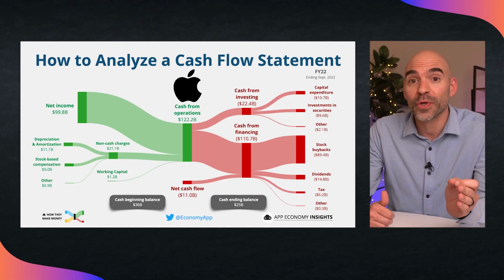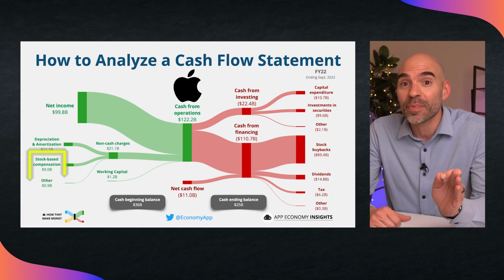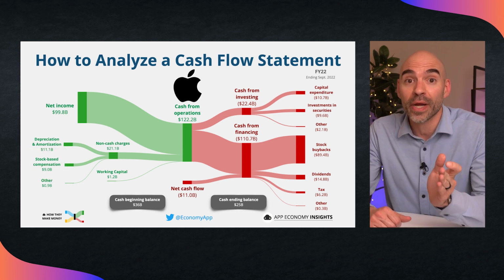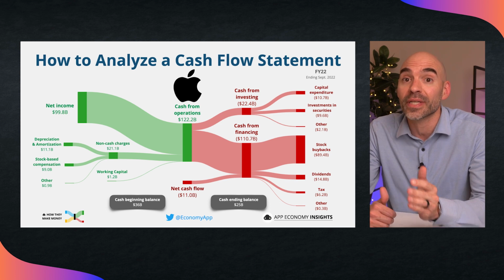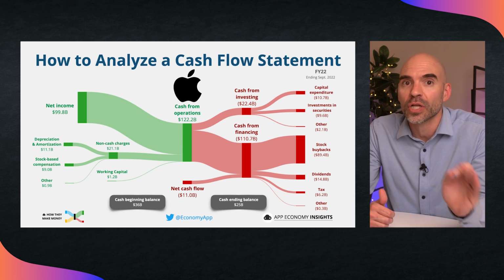That's right. We need to cover 2 key non-cash expenses that are added back in the calculation of the operating cash flow. First, we have stock-based compensation, or SBC for short, which is a type of benefit that gives employees the right to acquire company stock at a discounted price or for free. It's a personal compensation expense with no cash leaving the bank.